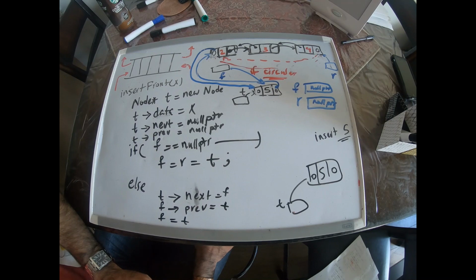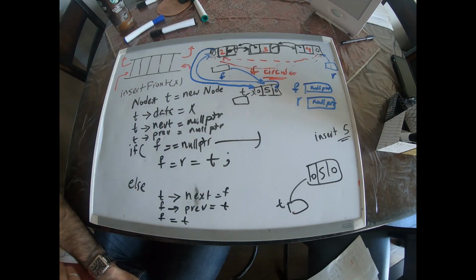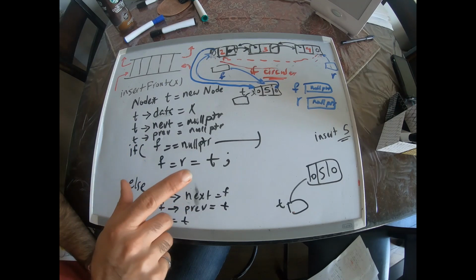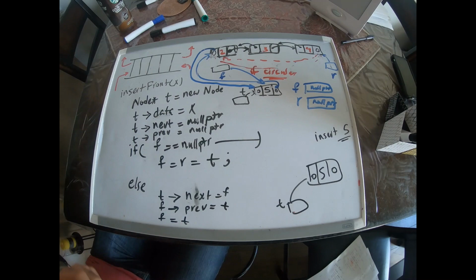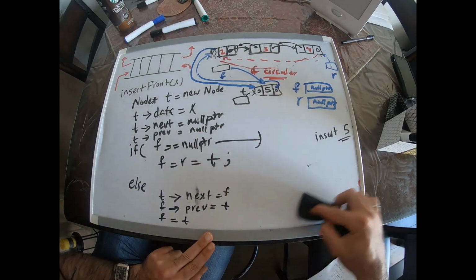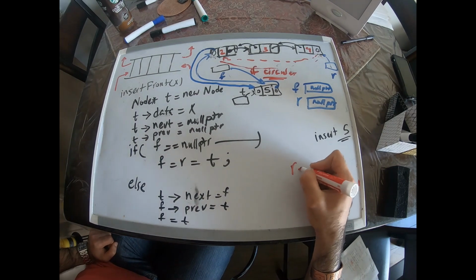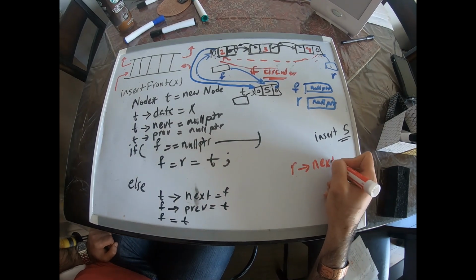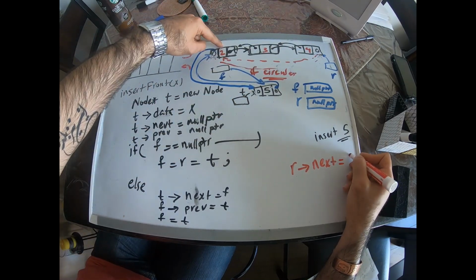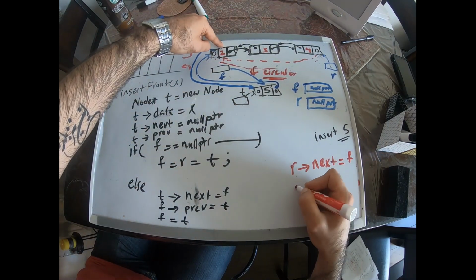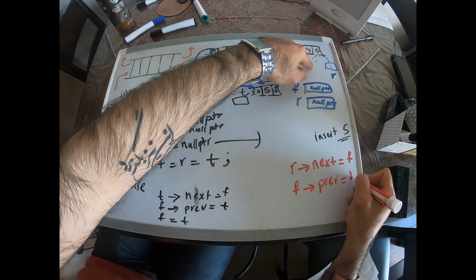What if we want to make this a circular array? Think about that. If we want to make this a circular array, anytime we change F and R, we have to make sure that R arrow next, instead of being 0, would be pointing to the front node, and F arrow previous is pointing to the rear node.